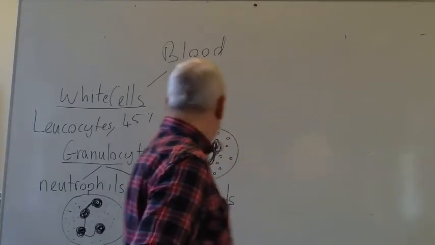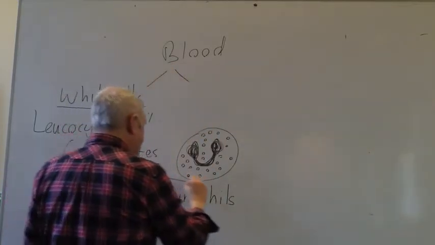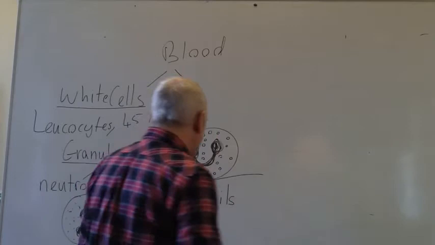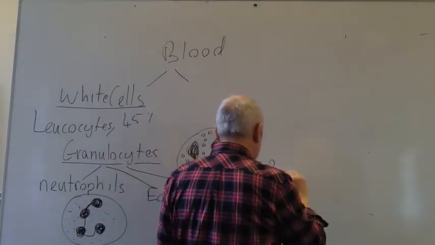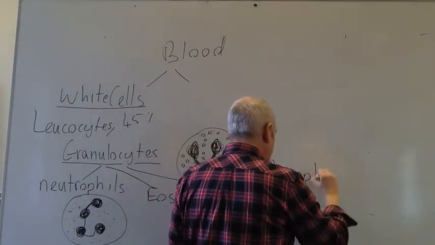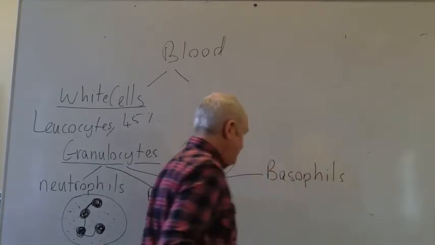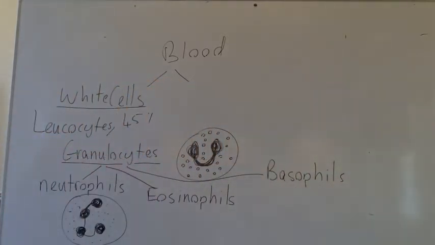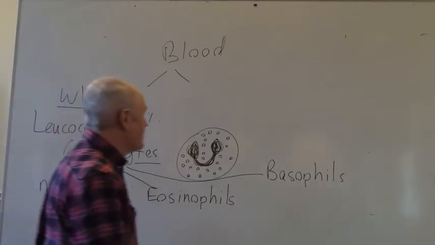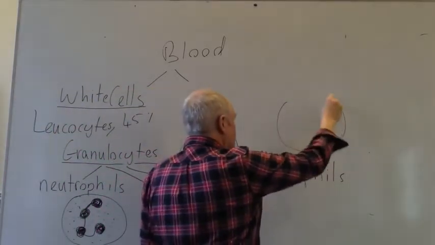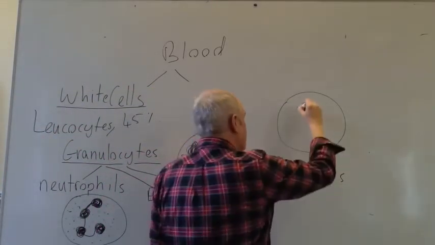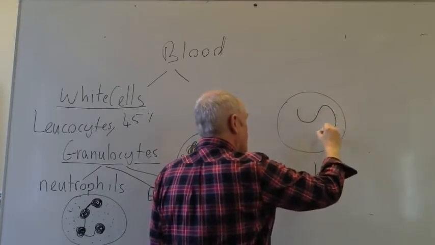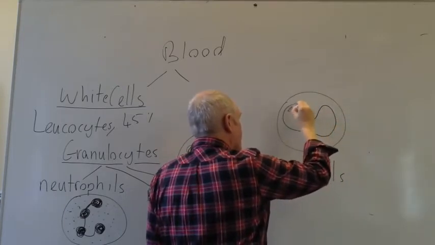Now there's a third sort of granulocyte, and the third sort are called basophils. And basophils, they do have a sort of a horseshoe-shaped nucleus, sort of like that.